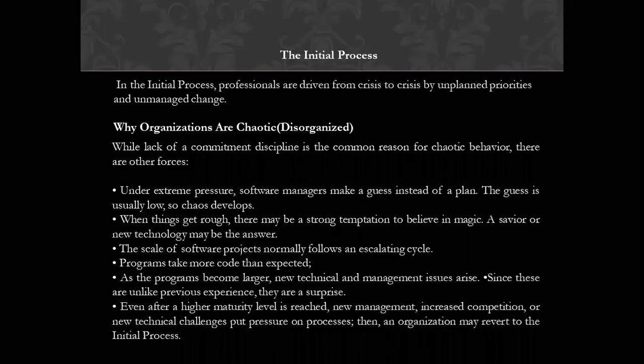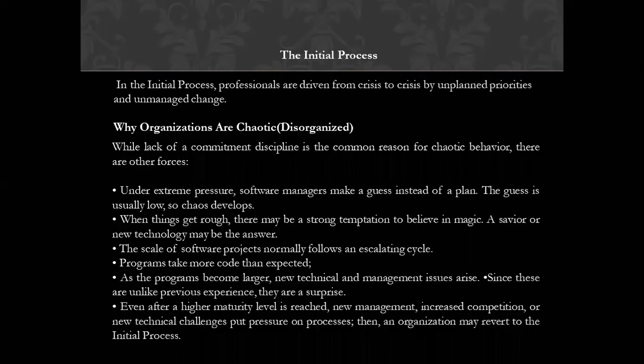It is about the priorities not being set. We don't know what will be the input and what will be the output of the product or the project that you are working on, the software project. And the things are very much uncontrolled. You have no control over them. You don't know what resources are available. You don't know how much budget is available.